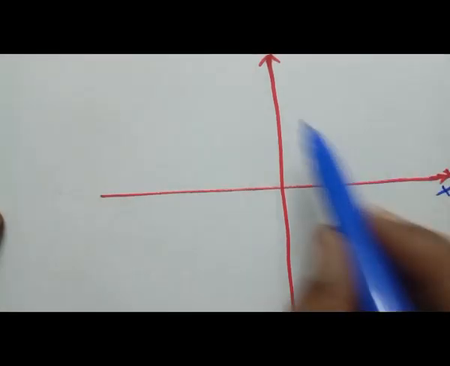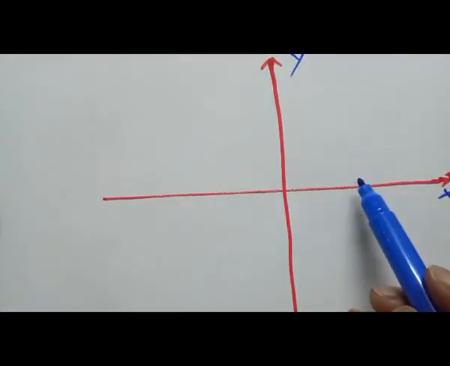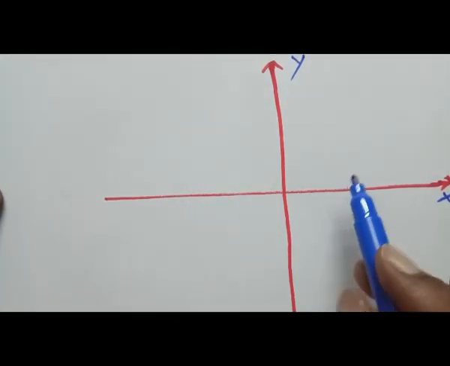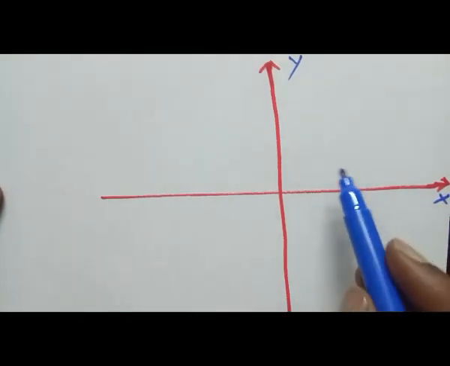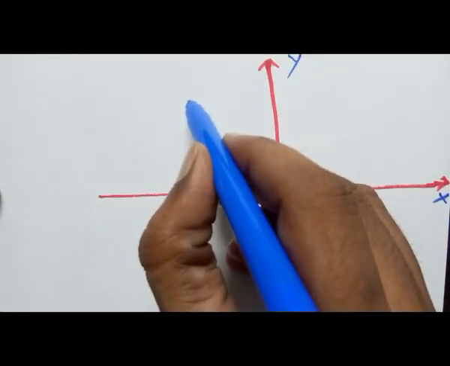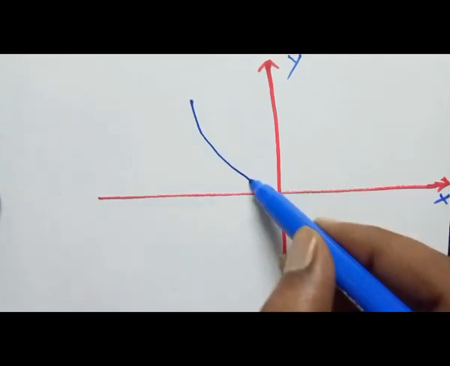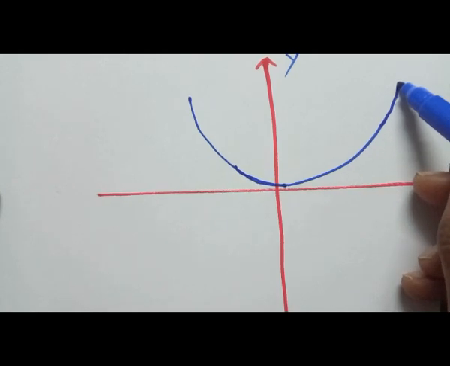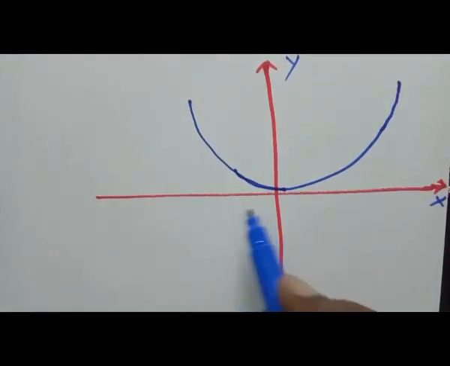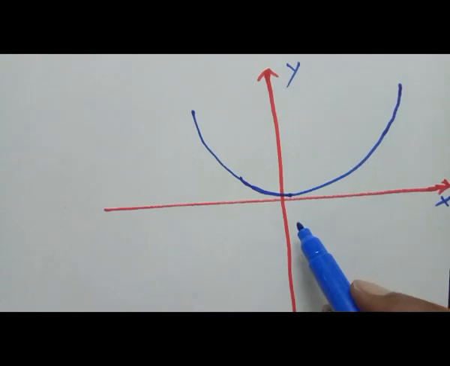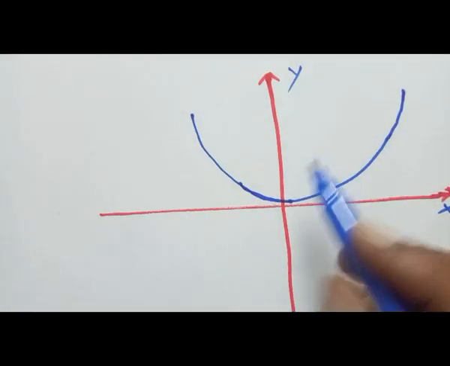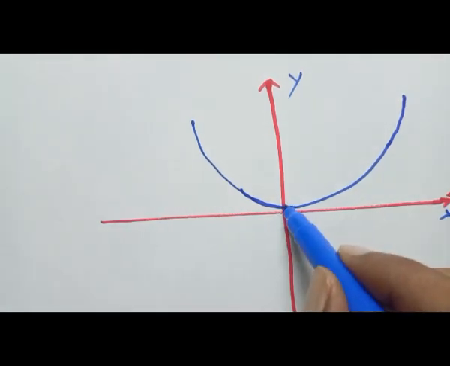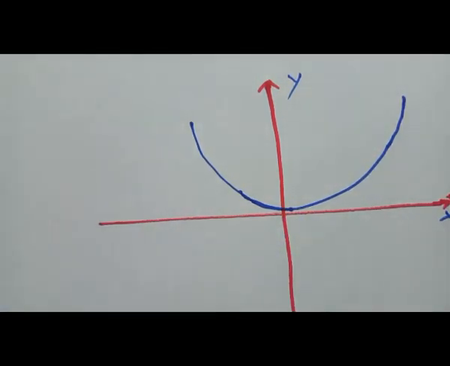X-axis, y-axis. Now y is equal to x square is the parabola passing through the origin and symmetrical about the y-axis. Another, y equal to x, is the straight line passing through the origin.